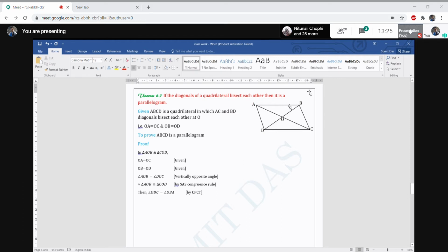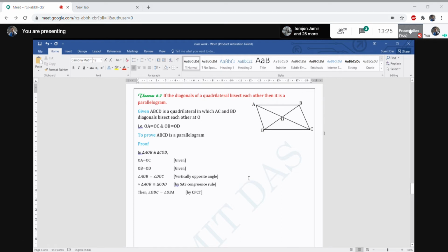So look, in this one, when AB and DC are two lines and BD is a transversal, then these two angles are equal, right? We have proved these two angles are equal. Then what can we say?